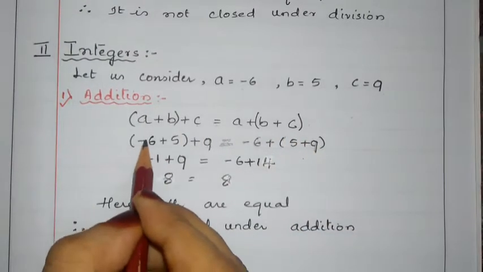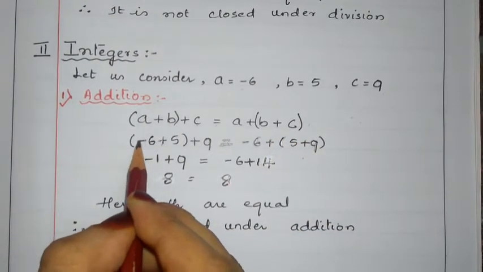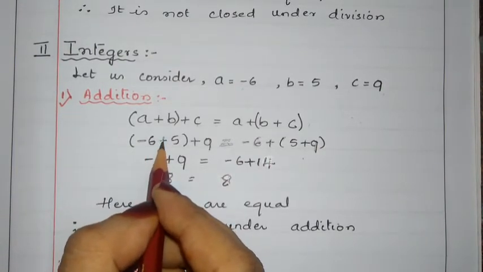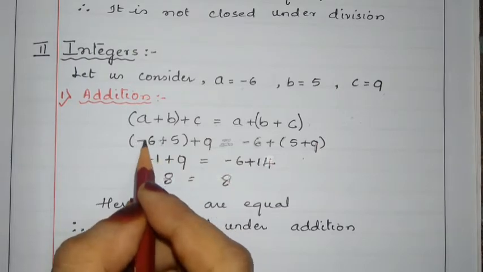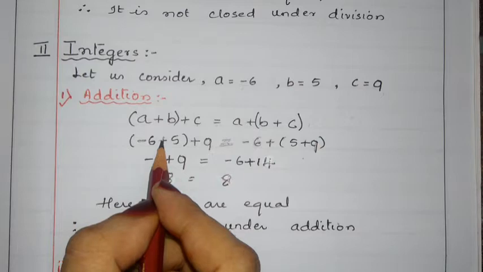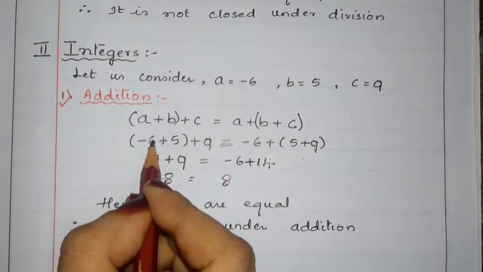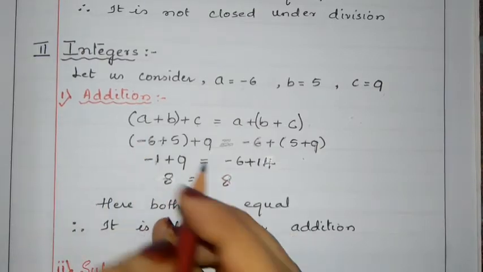Now -6 plus 5: when we get one minus sign and one plus sign, we always do minus and write the greater number's sign. 6 minus 5 is 1. But why -1? Because the greater number is 6 and it has the minus sign, so -1.